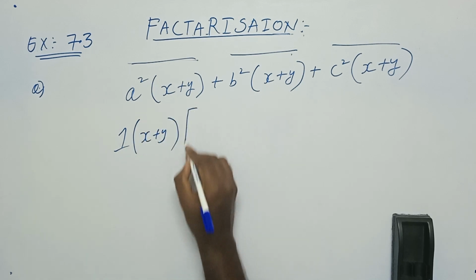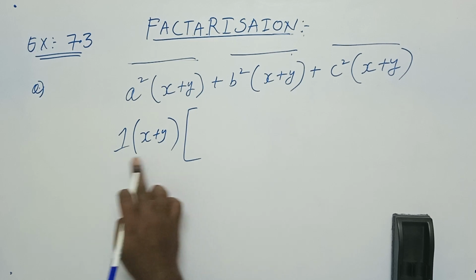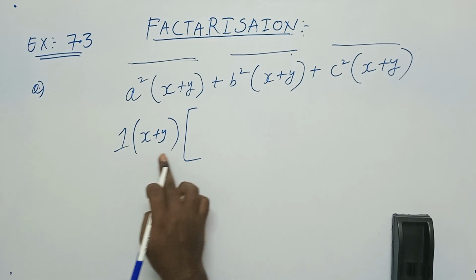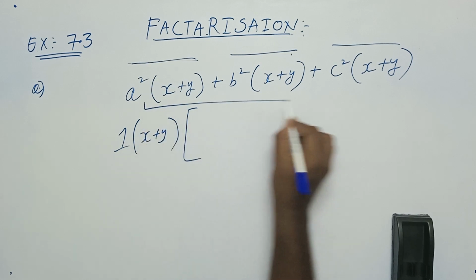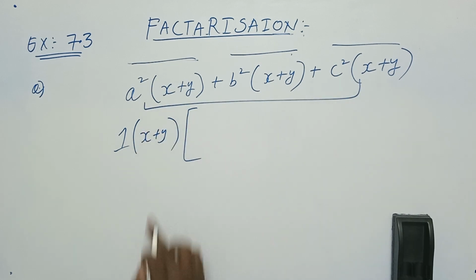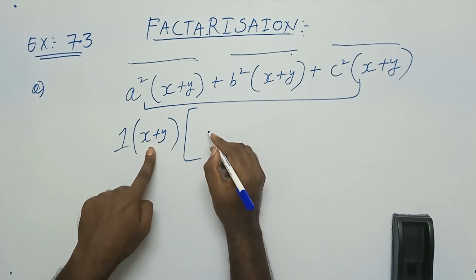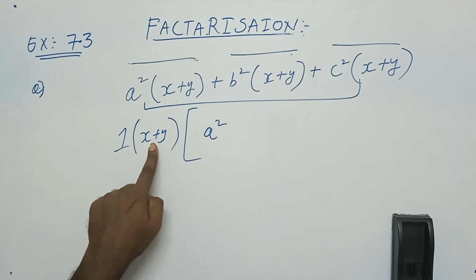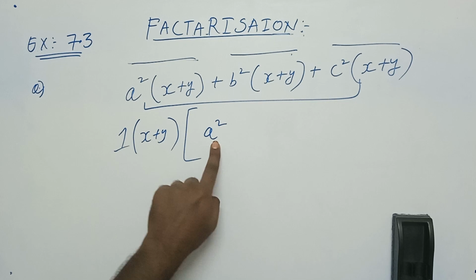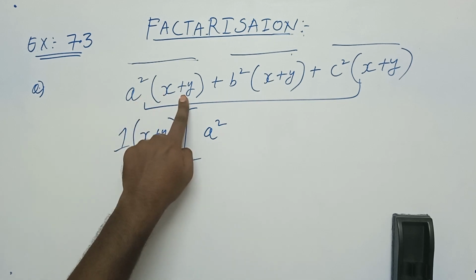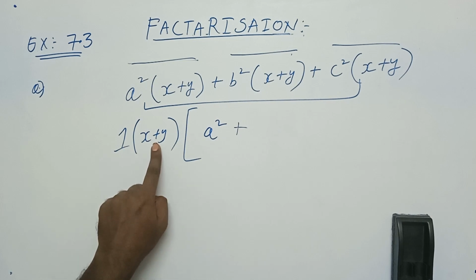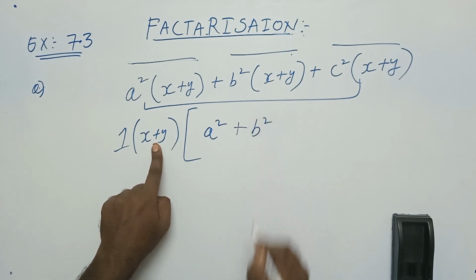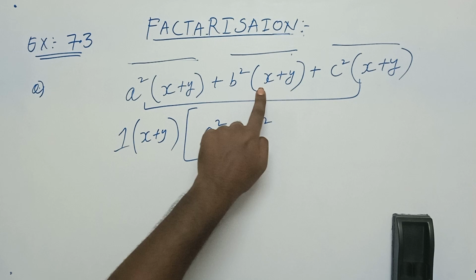That means we have got the common factor (x plus y). Now we are going to divide this whole expression by (x plus y). (x plus y) times a square is a square times (x plus y). Then you have a plus sign, we are going to keep the plus sign. (x plus y) times b square is b square times (x plus y).